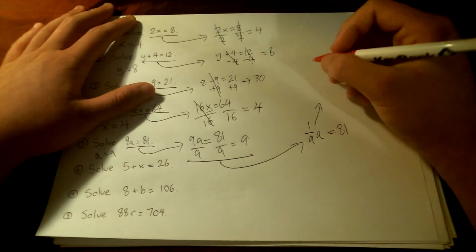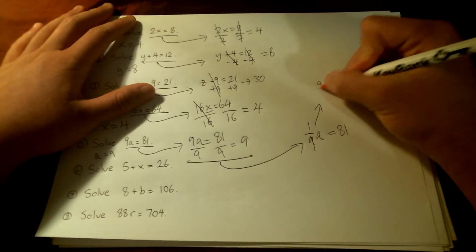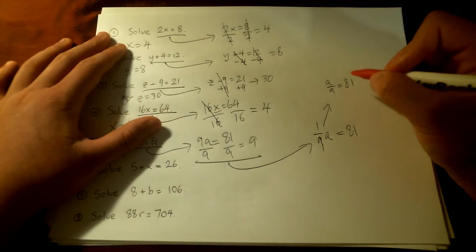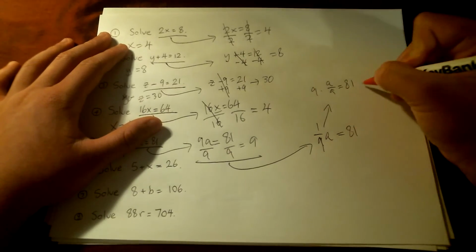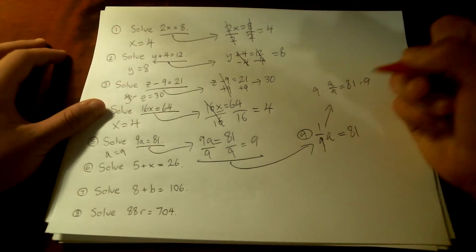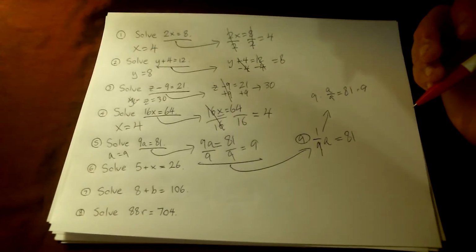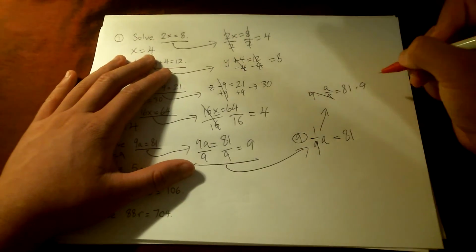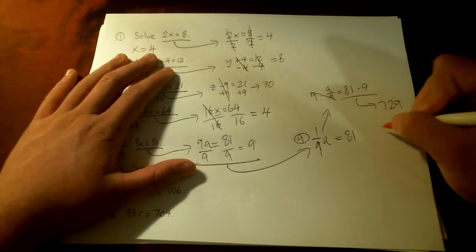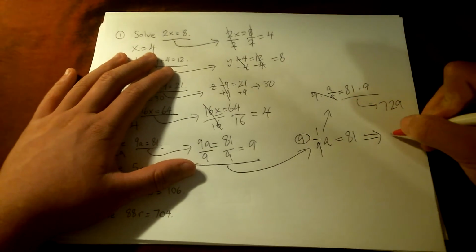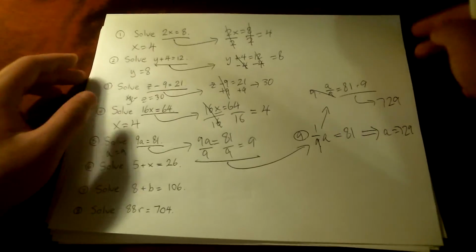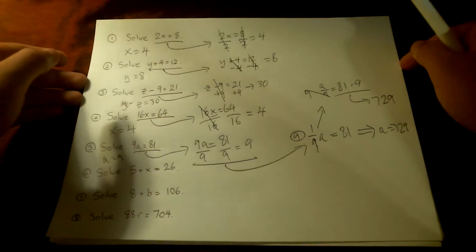So this here would become a over 9 equals 81, and this here would have to multiply 9 to both sides. Here, I'll just label this as problem 9. So then this here would cross out. This would have to times 9, and that is 729. So then the answer to this question would be a equals 729 if we approached it that way.